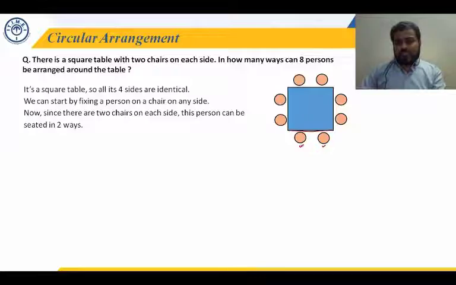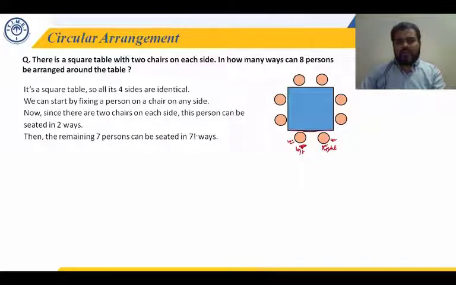For fixing the first person, you have 2 choices. You can make him sit at this chair or at this chair. So this person can be seated in 2 ways on any one of the sides.